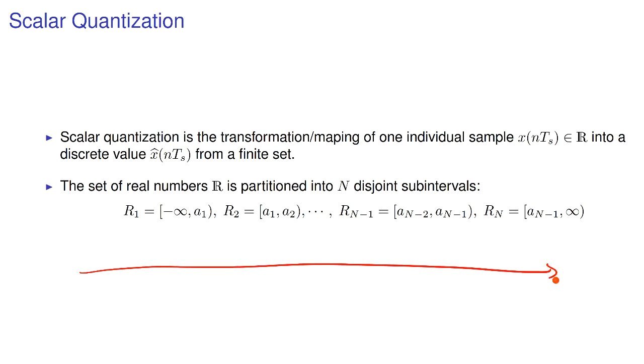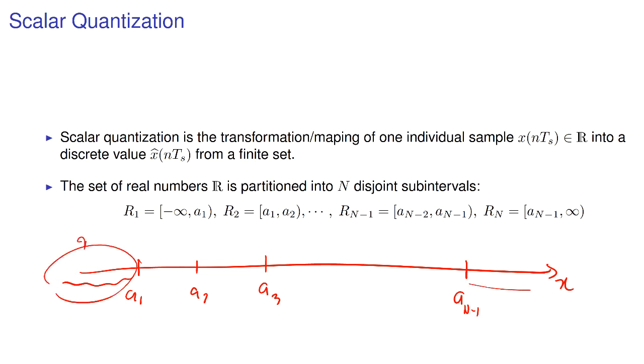So your input x, I don't care about what time it is, is a real number. You partition this set: the numbers up to point a1, I quantize to one value. From a1 to a2, I quantize to another value, and then a3 and so on, up to a of n minus 1. Here your signal will be quantized to x1 hat.